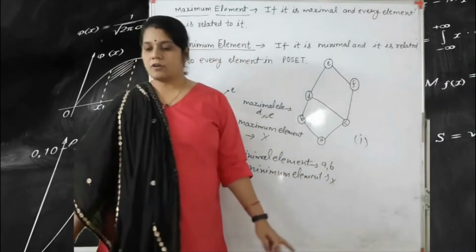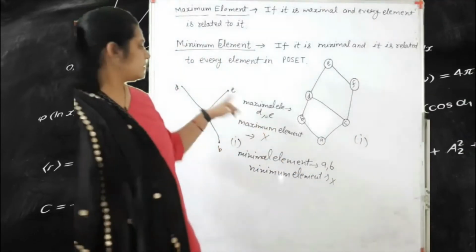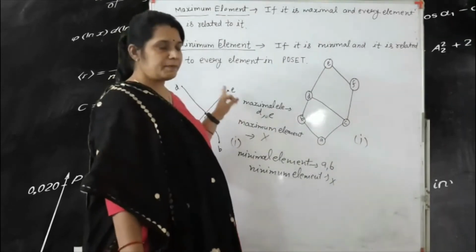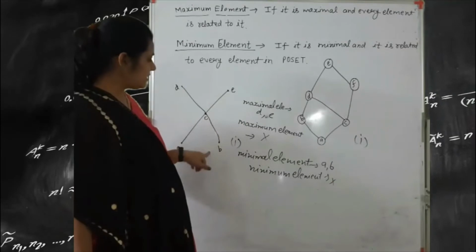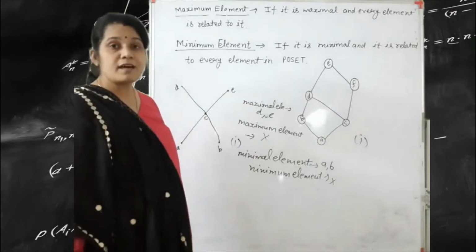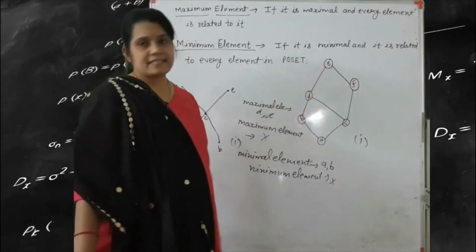According to this, the maximum element and the minimum element are not present here. The maximal and minimal elements are present, because the maximum and minimum element is always unique.